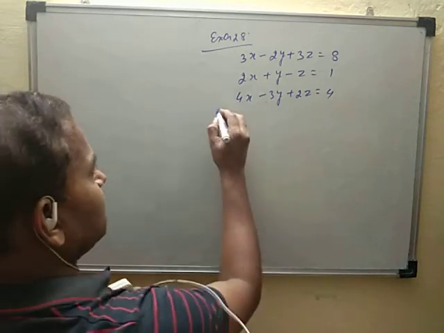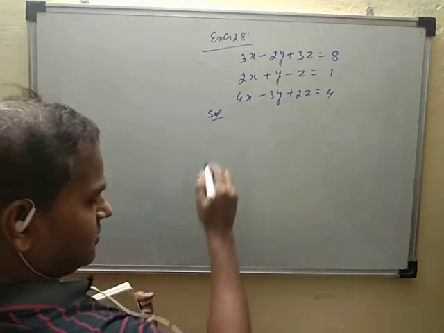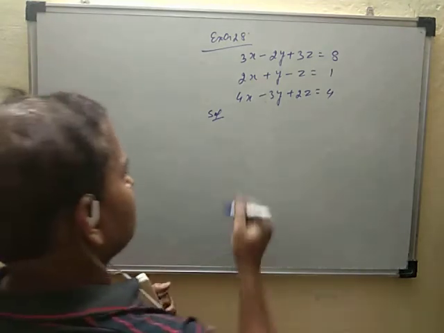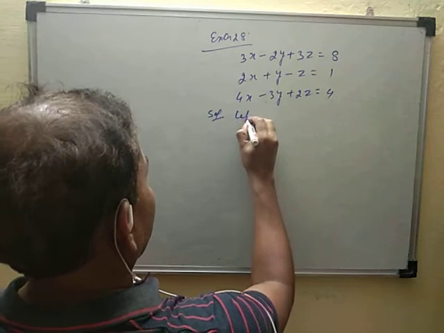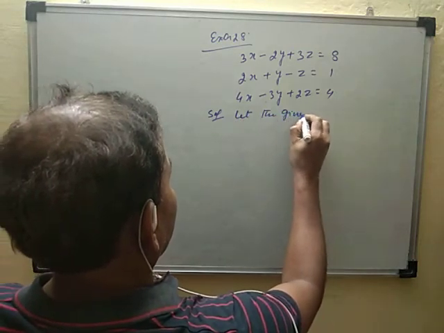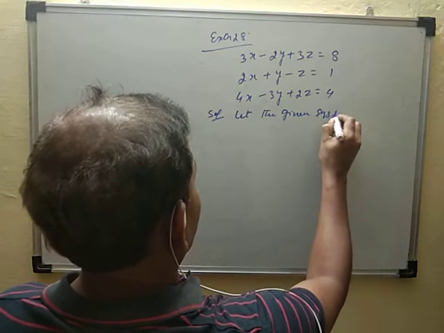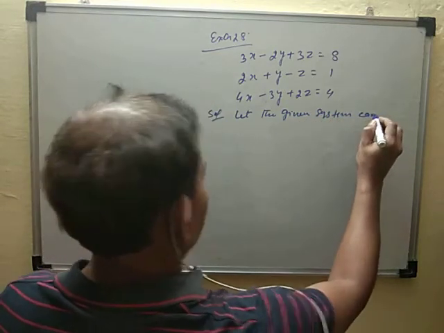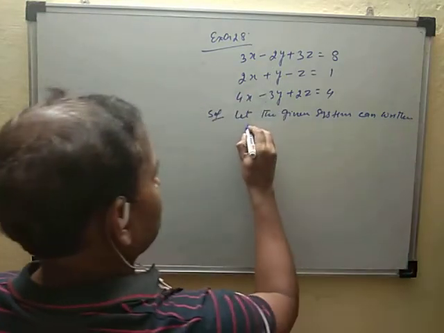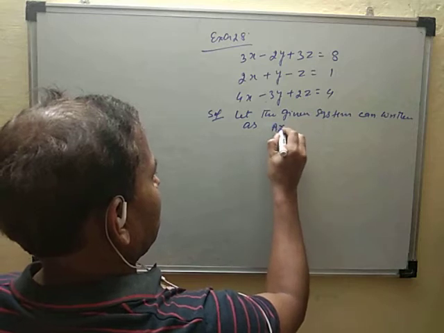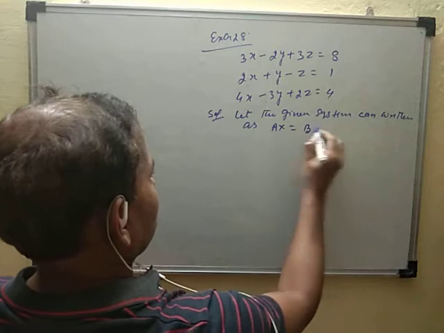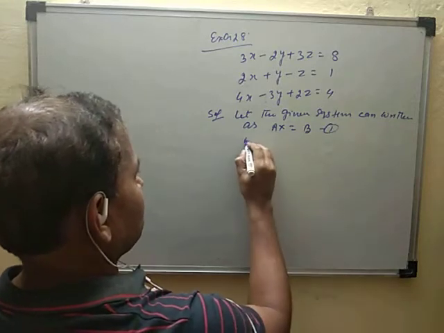So first, let the given system be written as AX is equal to B, call it 1. What is A?